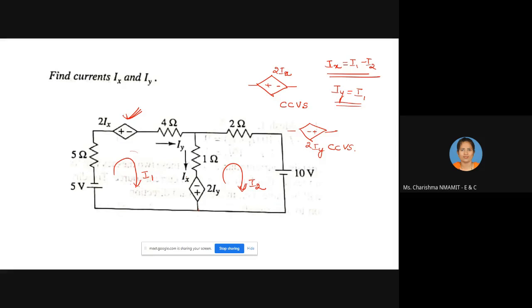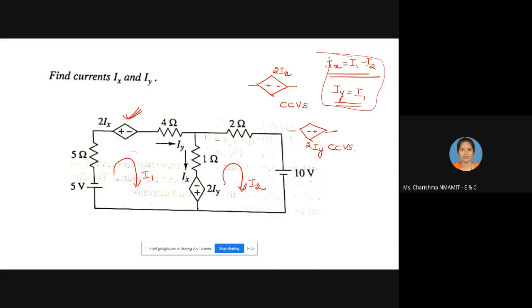Now, after this, you apply the KVL equation. Forget about these dependent variables. You write as usual the KVL equation for the two meshes. Then later you can substitute. Forget about Iy, Ix, whatever is given. Without considering that, let us write the KVL equation.